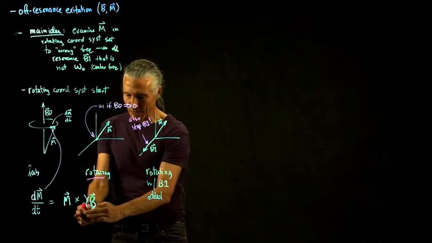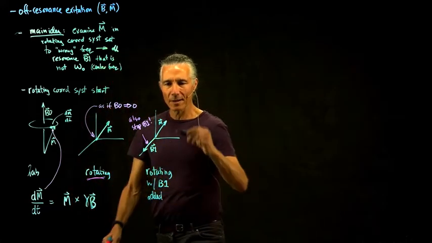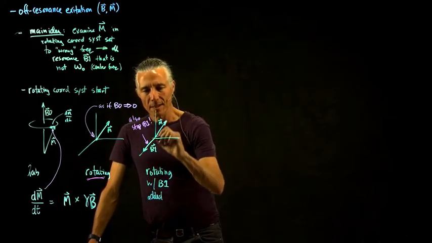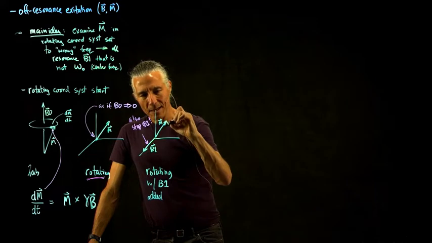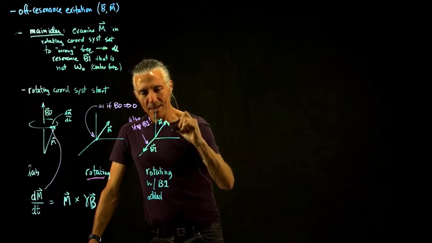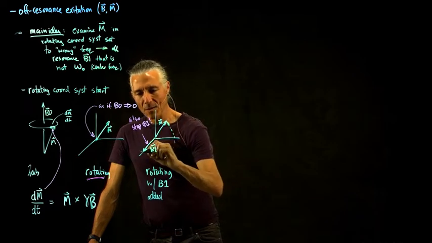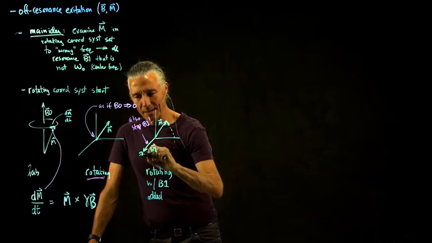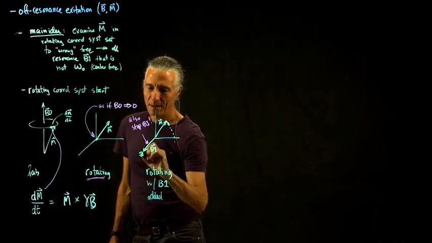And then we can just apply this equation again. And when you apply that equation, what do you get? You'll get a dM/dt like this, that rotates around this axis here, if we apply the B1, say, in the x-axis.